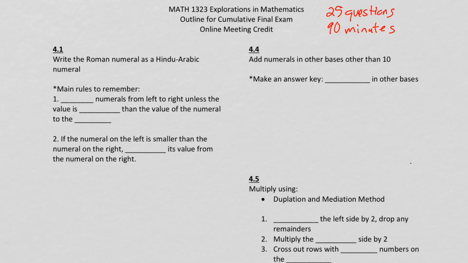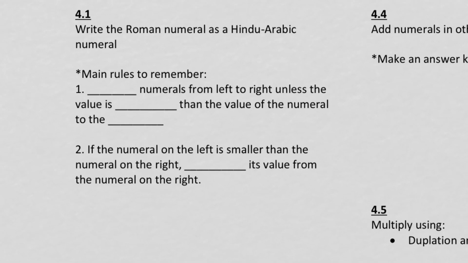With chapter 4, we have 4.1, the Roman numeral review. The main points to remember here: there were many rules in the previous video that I made on this, but for the purposes of the final exam, I think the first two should be fine.